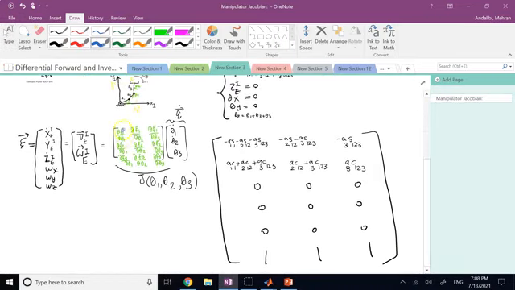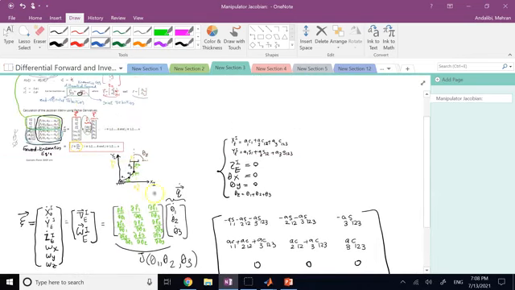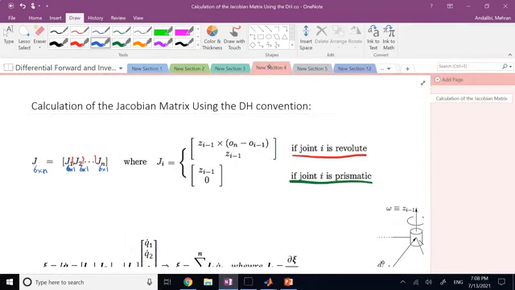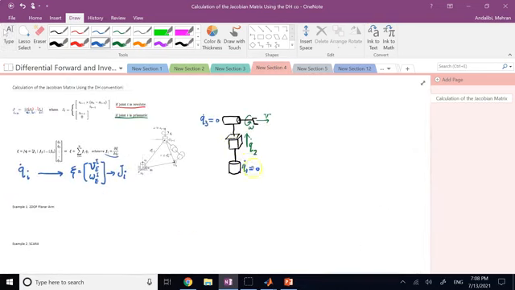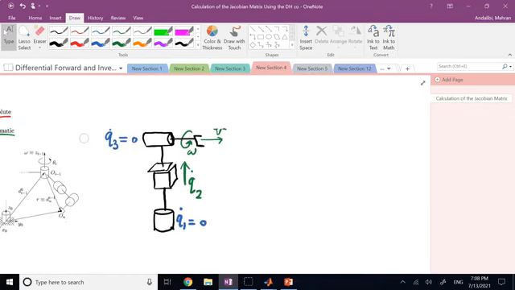When we take partial of f1 with respect to theta 1, I treat theta 2 and 3 as what? Constant. The same thing here. When I'm taking partial of zeta with respect to q2 dot, I'm assuming that my theta 1 dot and theta 3 dot, or q1 dot and q3 dot, are 0. I consider them as 0, right? Or their angles, I consider their angles as constants.